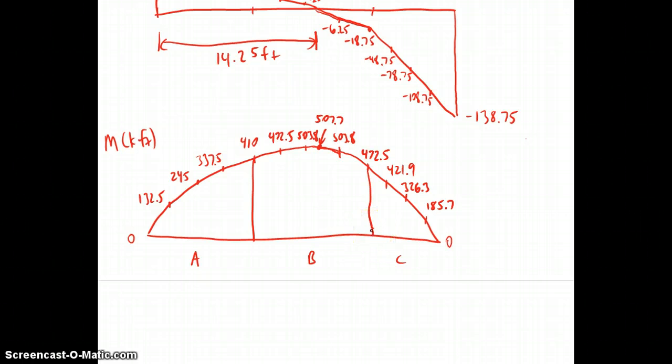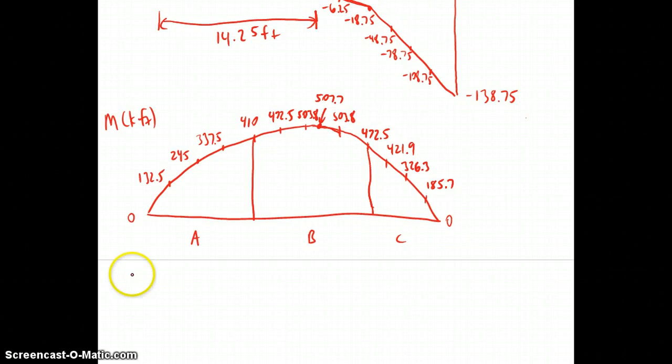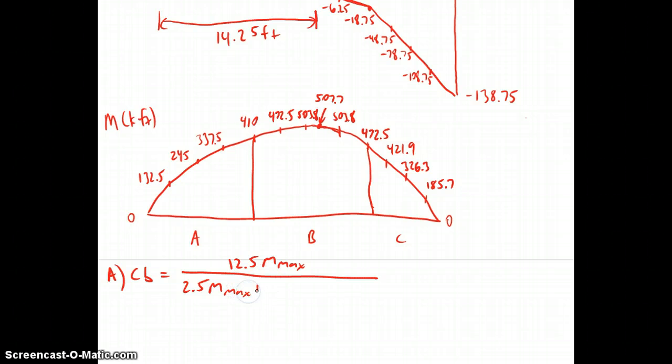Alright, the whole point of us finding the quarter point values of moment was to be able to solve for C sub B. So C sub B for segment A is going to be 12.5 M max over 2.5 M max plus 3 MA plus 4 MB plus 3 MC.